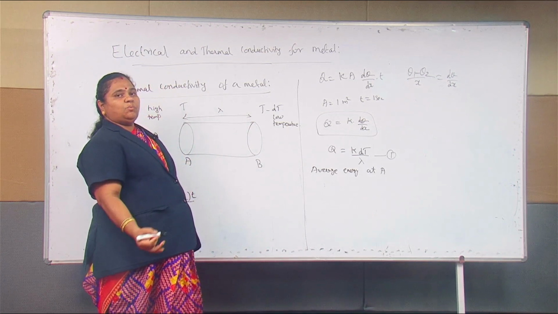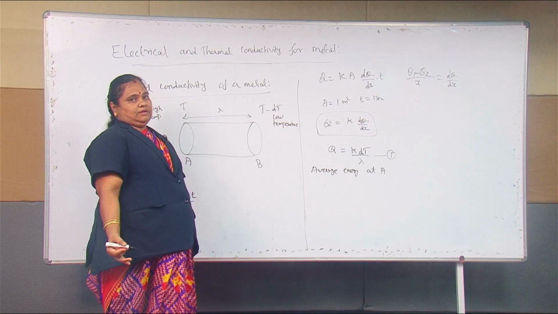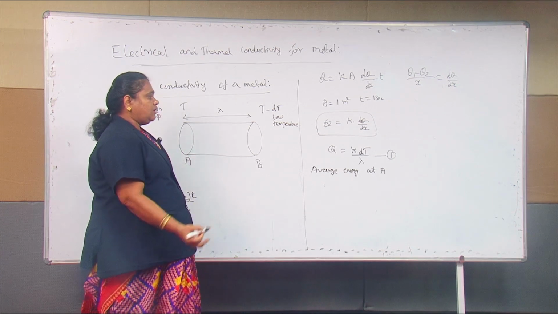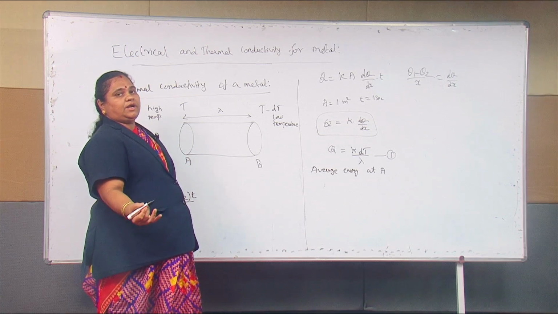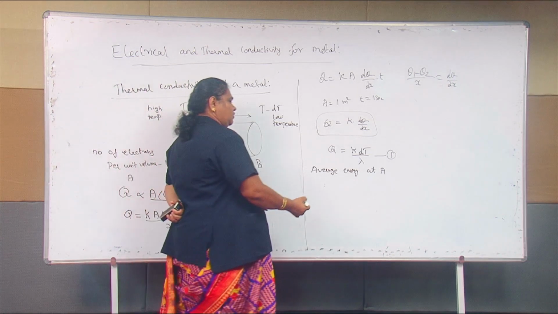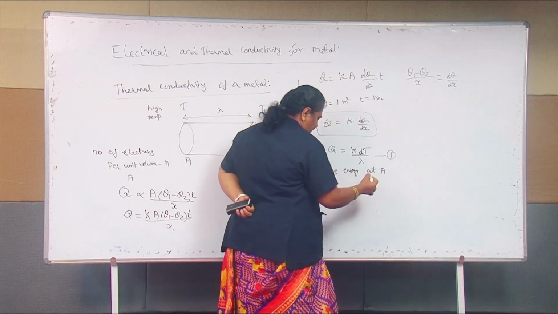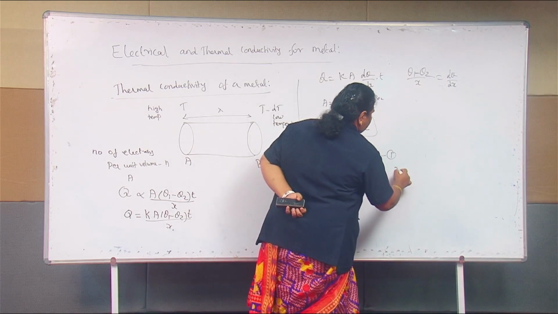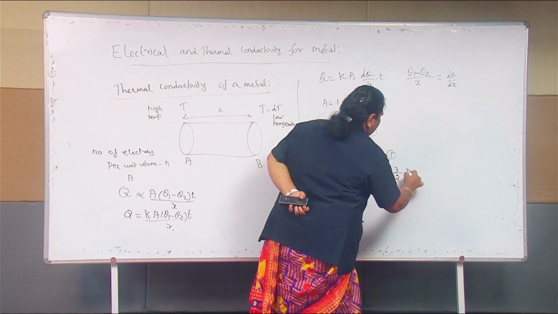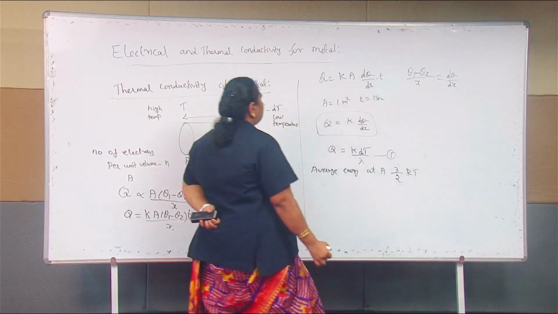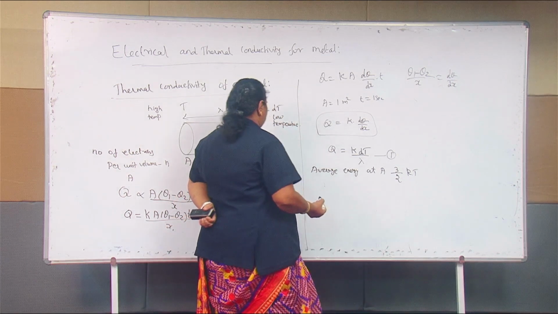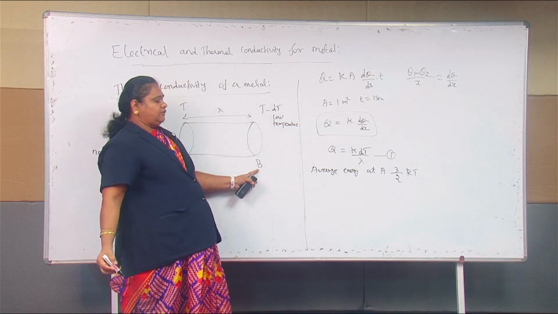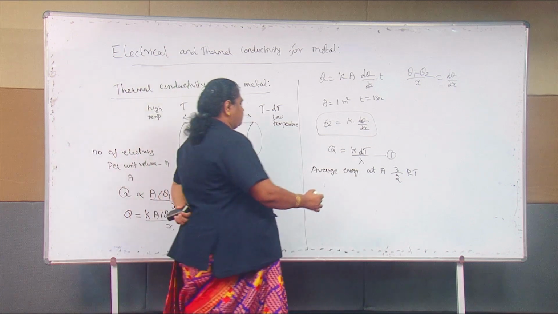Whenever there is a movement of electrons, they acquire energy, which we call kinetic energy, the same as the kinetic energy of gases. So I can represent the average energy at A as 3 by 2 kT, where the temperature at end A is T. In the same way, I can represent the average energy at B.